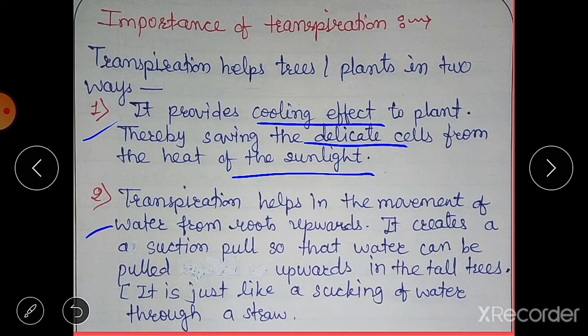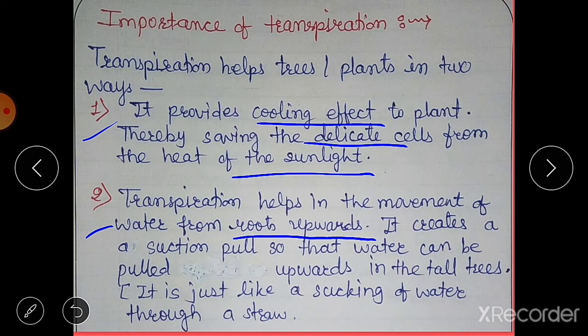Second, transpiration helps in the movement of water from roots upwards. How does it happen? The roots absorb water from the soil, and in the leaves the opposite process happens. Water is thrown outside the plant from the leaves; water vapor moves from inside the leaves to the outside through stomata.